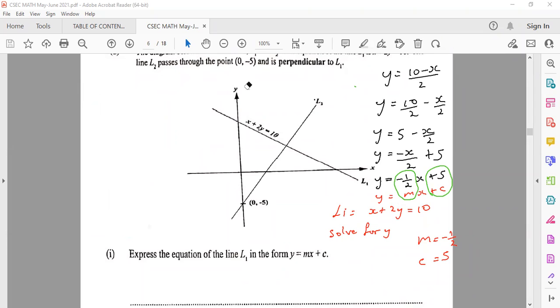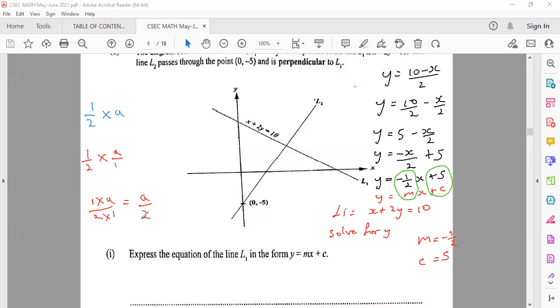Thankfully, this is recorded. If I have a half times A, this is the same thing as saying a half times A over 1, which is 1 times A over 2 times 1, which is equal to A over 2.